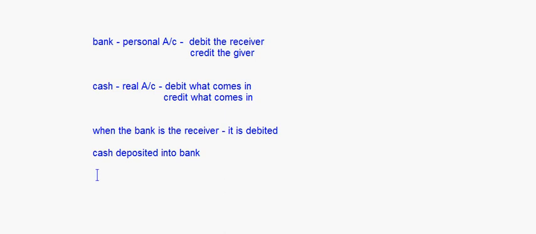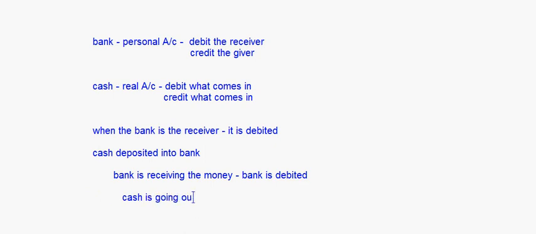So when we write this cash deposited into bank, bank is receiving the money. Bank is receiving the money, right? So bank is debited and cash is going out of the business. Cash is being put in the bank, right? So cash is credited. Fine.